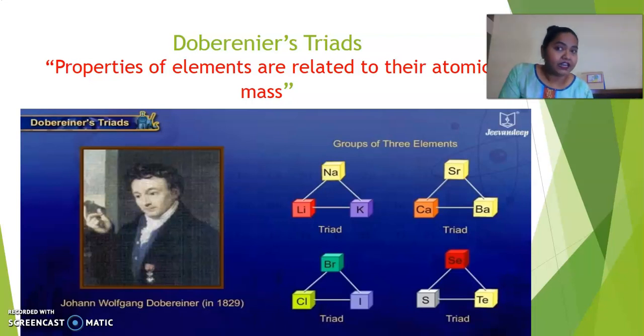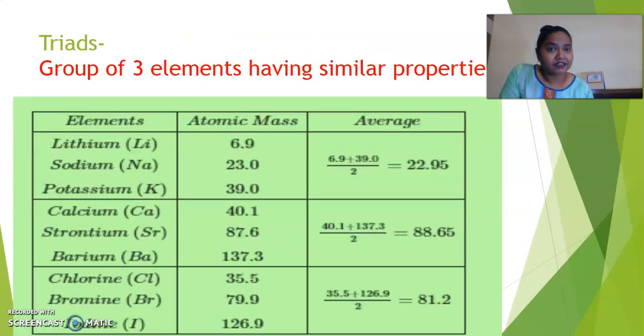He said that the properties of an element are related to their atomic mass. He said this as he had made triads. What are triads? Triads are groups of 3 elements having similar properties.